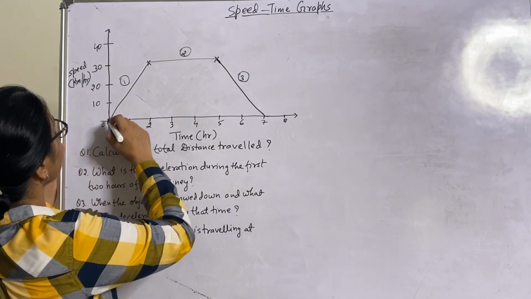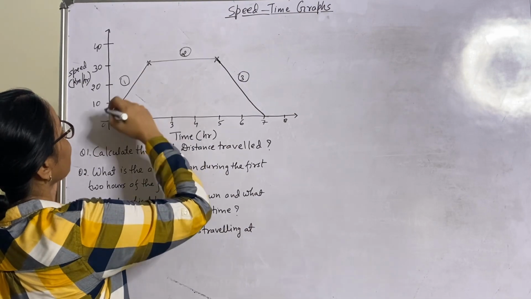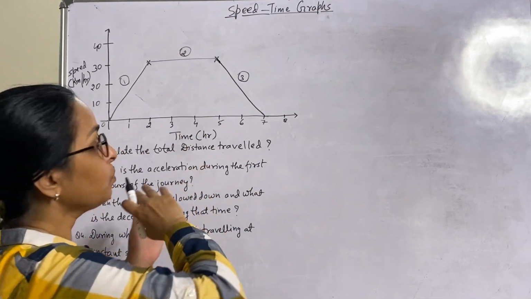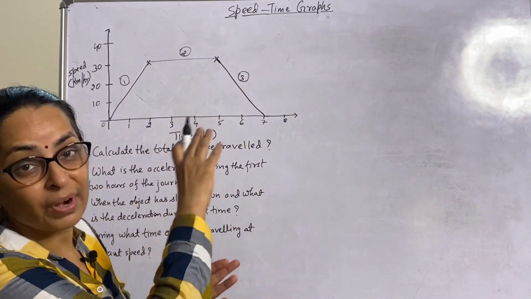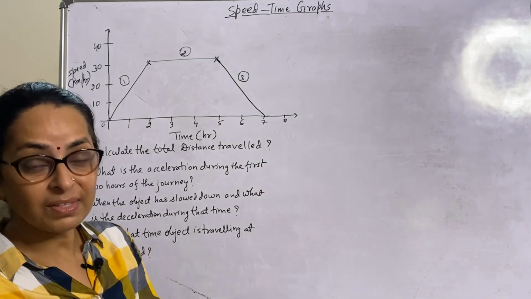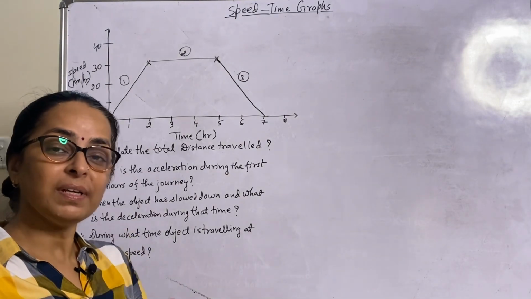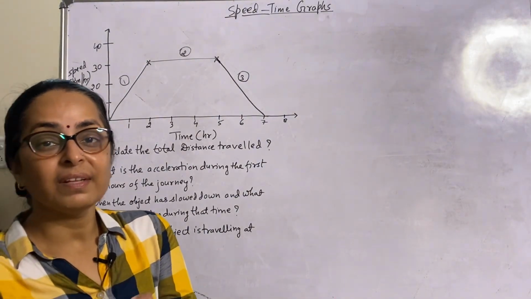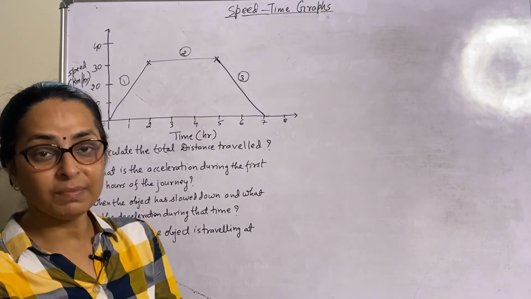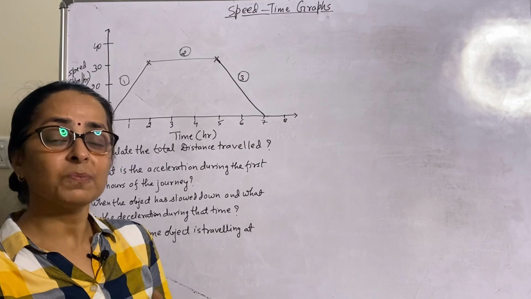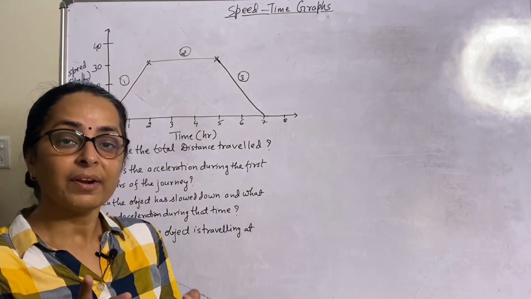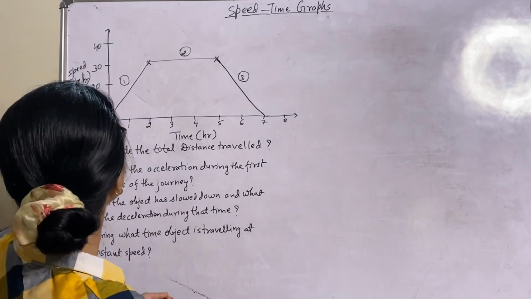When the graph is a straight line moving upward towards the right, then we say that the speed is increasing. And when speed is increasing, it means there is a change in speed with respect to time. It means that your object or your vehicle is accelerating.